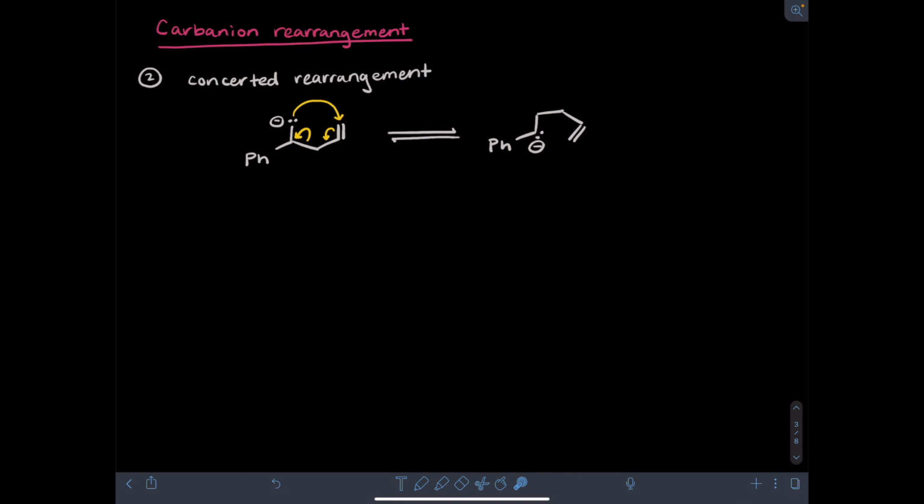So this formed a new carbon-carbon bond, which is this one in the products. The pi bond has moved, and a carbon-carbon sigma bond broke, and those electrons were used to form the new carbanion in the products. So this reaction is not super common, and it relies on this really appropriate positioning of the carbanion relative to an alkene.